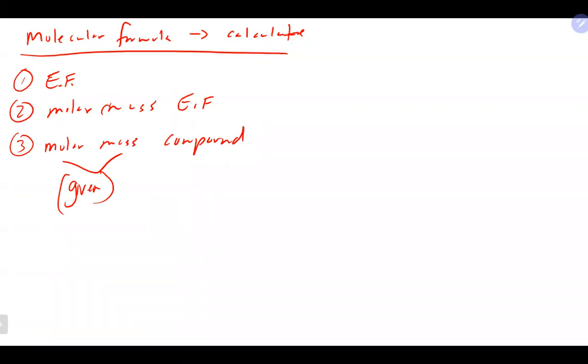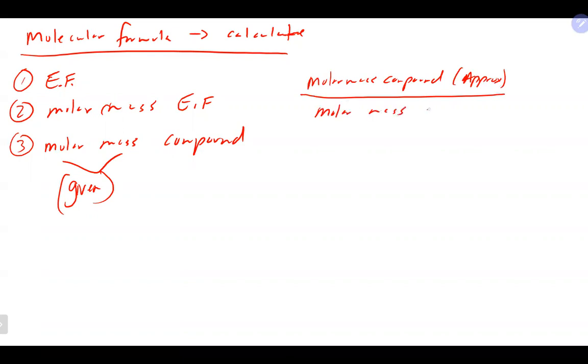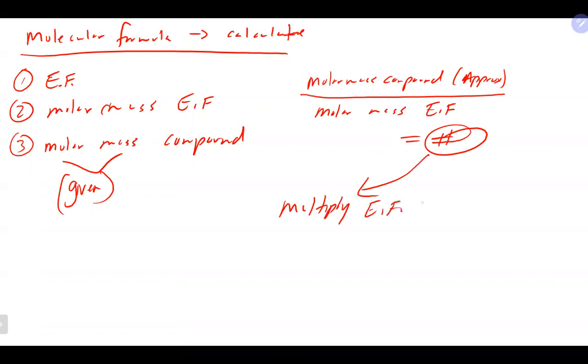So what you do is you basically take the molar mass of the compound, or the approximate, and you divide it by the molar mass of the empirical formula, and that will give you a number. And that number you multiply the empirical formula by, and that will give you your molecular formula.